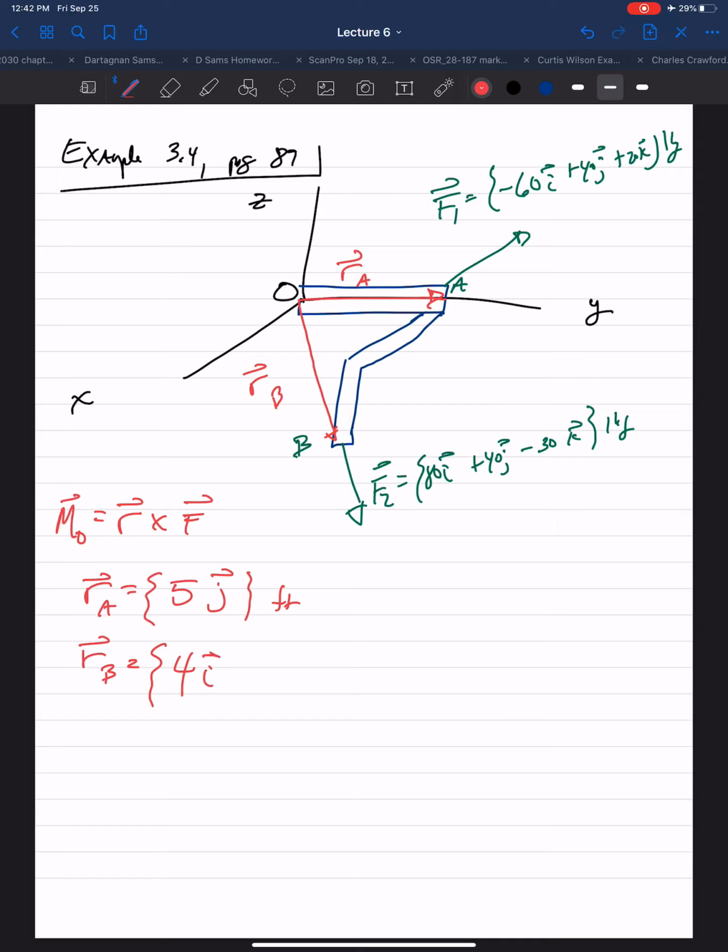In the positive y direction, a value of 5. And then in the negative z direction, because you're going below the axis, a value of 2. So let's rewrite that here. We said RA is purely on the J or Y axis.